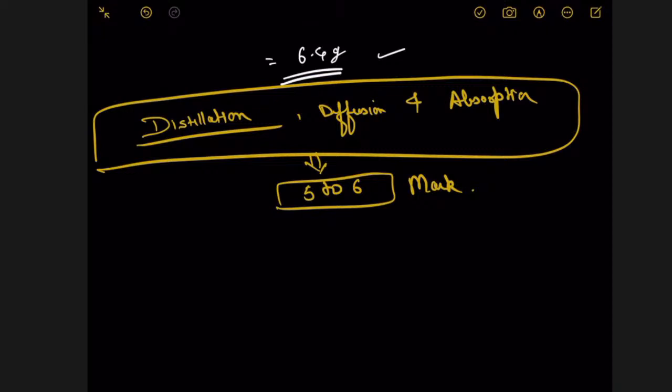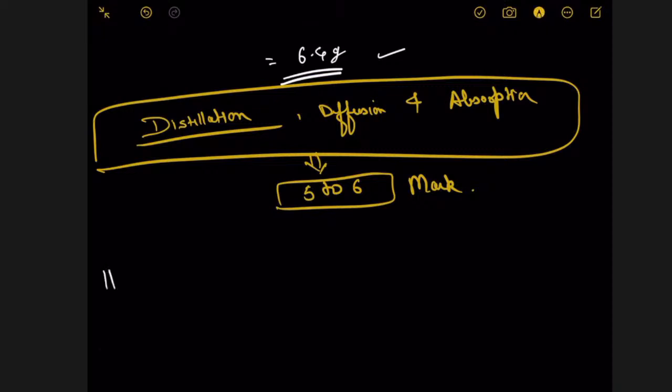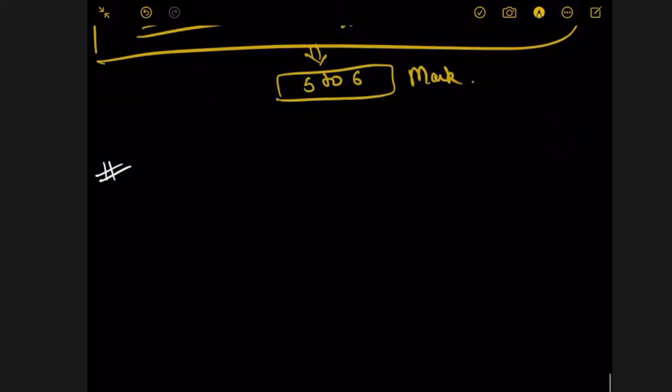So we'll take one last question from drying. You will say there is a direct formula-based or conceptual question.